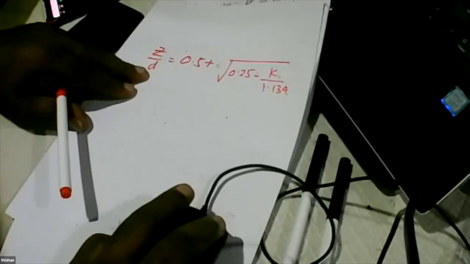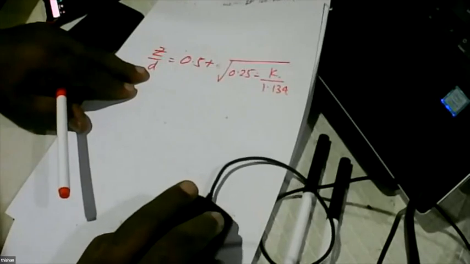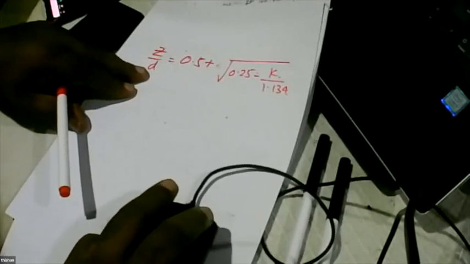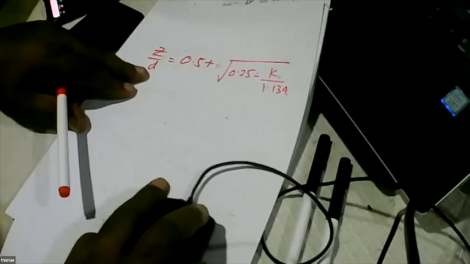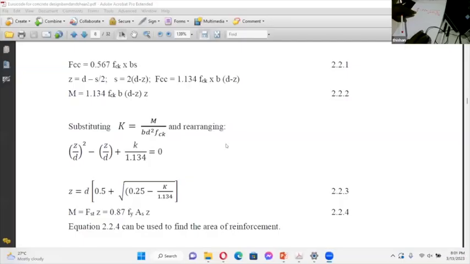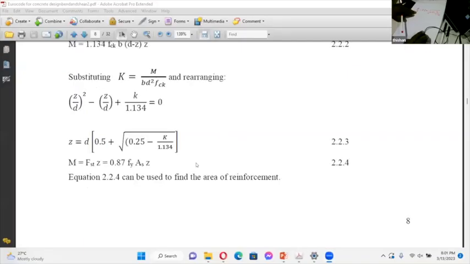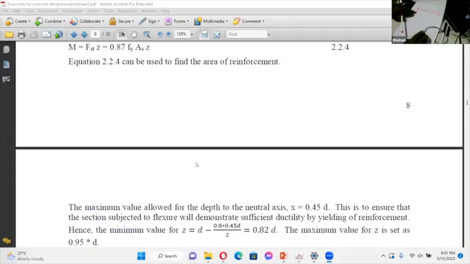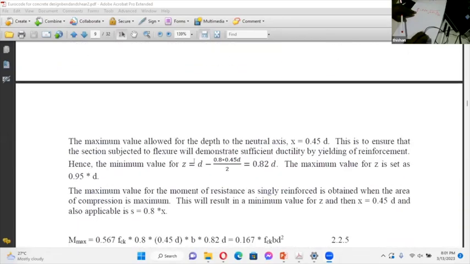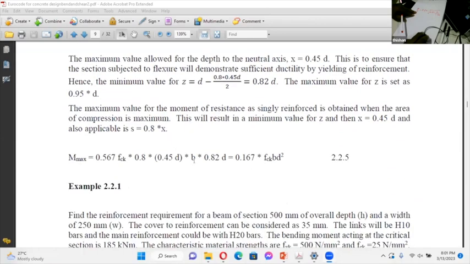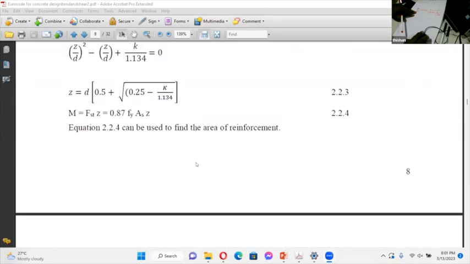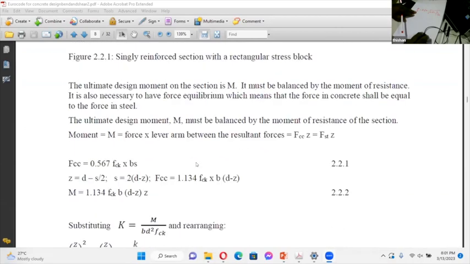And once we have this equation, we can straight away find the Z value. And then we can find the reinforcement as well. So we'll look at an example now, just to give you some idea.